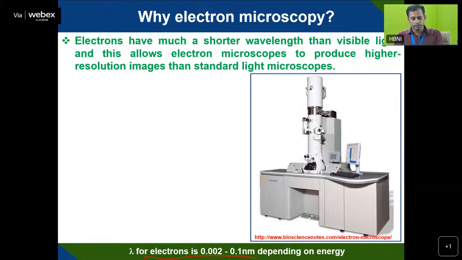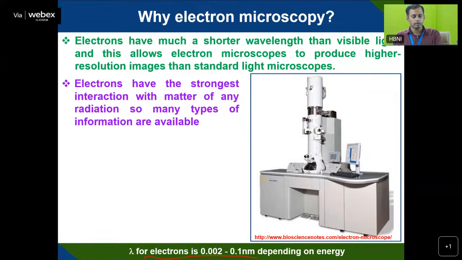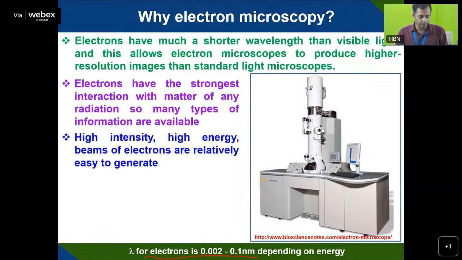If you see this electron microscope, its electrons have the strongest interaction with matter, so many types of information can be available. The interaction between electron and matter is very high in comparison to light, so you'll get much more information.